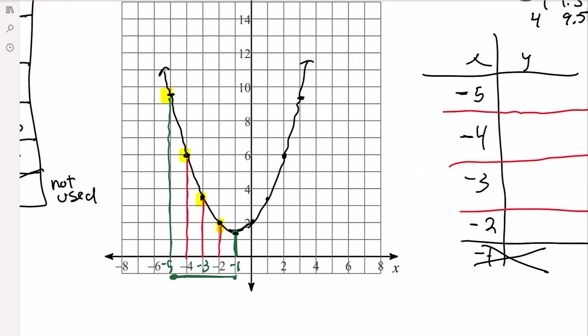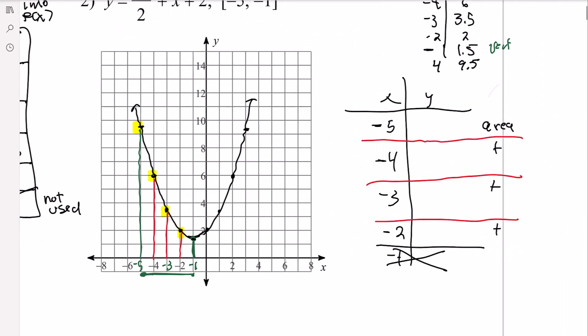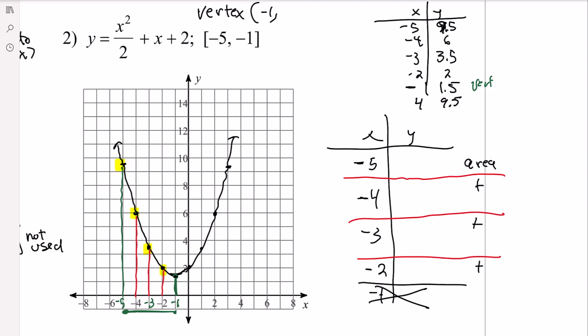Okay, so as we notice, this height right here at -5, the height is 9.5. So let's pretend that we draw a rectangle. We care about that leftmost point, but we're only going 1 unit. Well, 9.5 times 1 would be the area of that unit, which is 9.5 units squared.